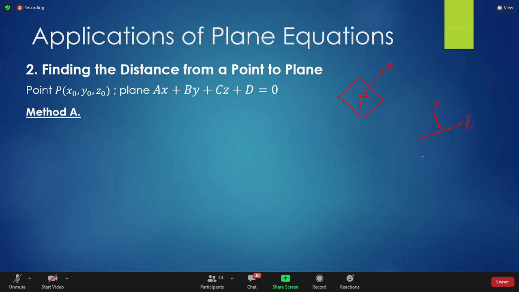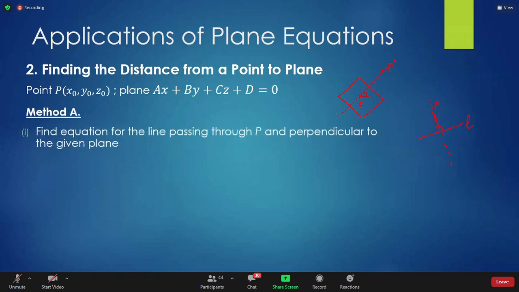The first method would be to find the line perpendicular to the given plane passing through the point P. Find the equation for the line passing through P perpendicular to the given plane. How to find that equation is a completely different question, because we have not yet discussed how to find an equation of a line in space, in 3 dimensions. That's a bit of a problem.